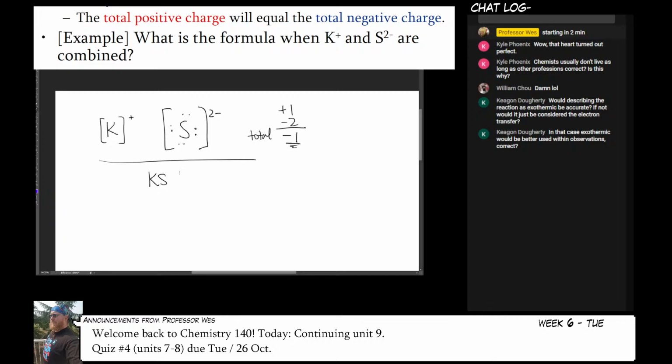I can't have negative left over on my charge. So if I'm going to make an ionic compound out of potassium and sulfur, I'm going to need more positives to neutralize out this negative, right? So if I do this and put a second one in here, now what's my charge look like? And what's my formula look like?